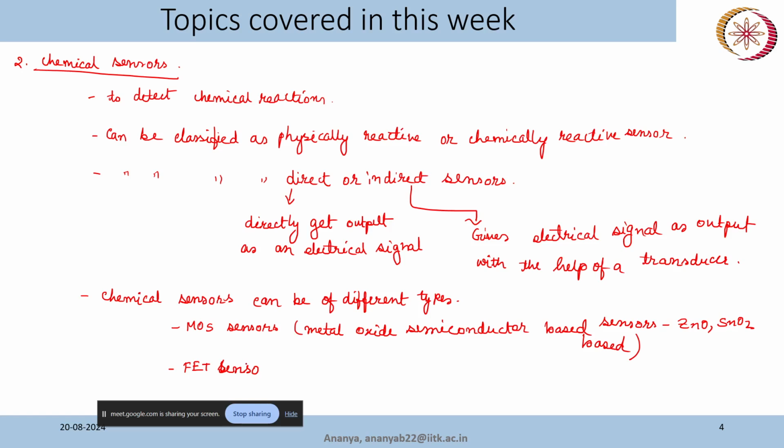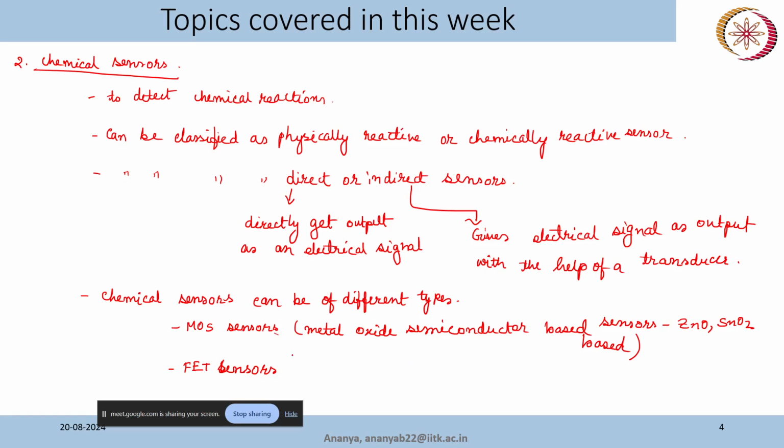In a MOSFET, the current between the source and drain depends on the gate potential, and due to a chemical reaction, if the gate potential changes, the current between the source and drain will also change, and we can correlate the change in the current with the chemical reaction or the concentration of the reactants, and that's how we can sense and determine the concentration of the reactants.